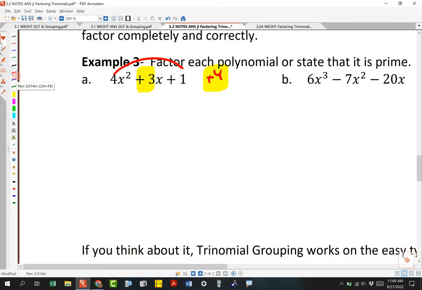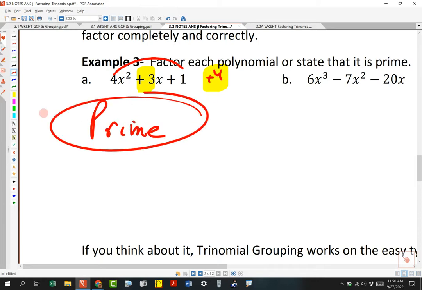If I'm trying this, I've got a 1 and a 4. Any way to make a 3 out of those? Wait a second. You could make a 3 out of them if this one was negative, right? But then they don't multiply to be a positive, so that's not going to work. 2 and a 2? No way. So? Prime.